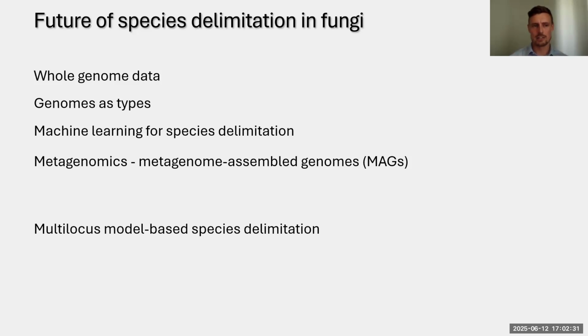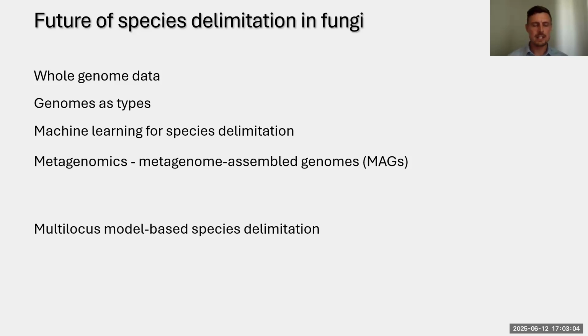Then, of course, the employment of machine learning for species delimitation, and also the advent of metagenomics, which is also kind of already here, but so far only at the amplicon level and not the whole genome level of metagenomics, which is probably also coming in some future, hopefully not so distant.